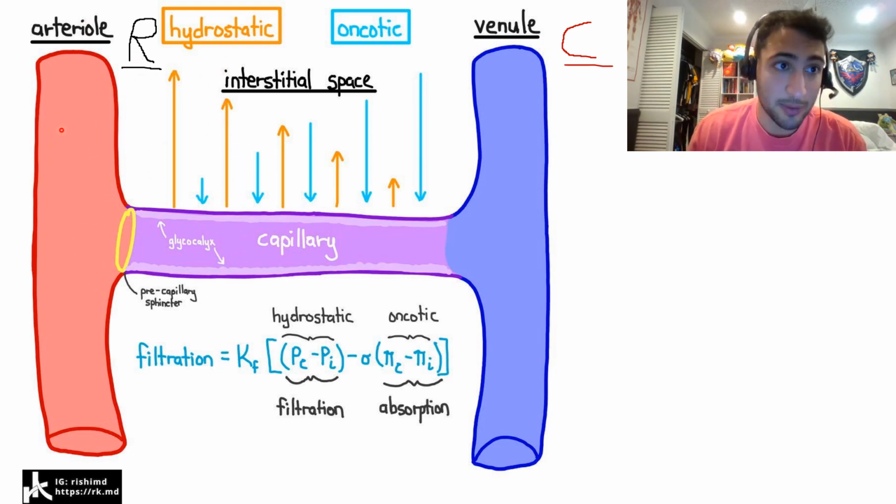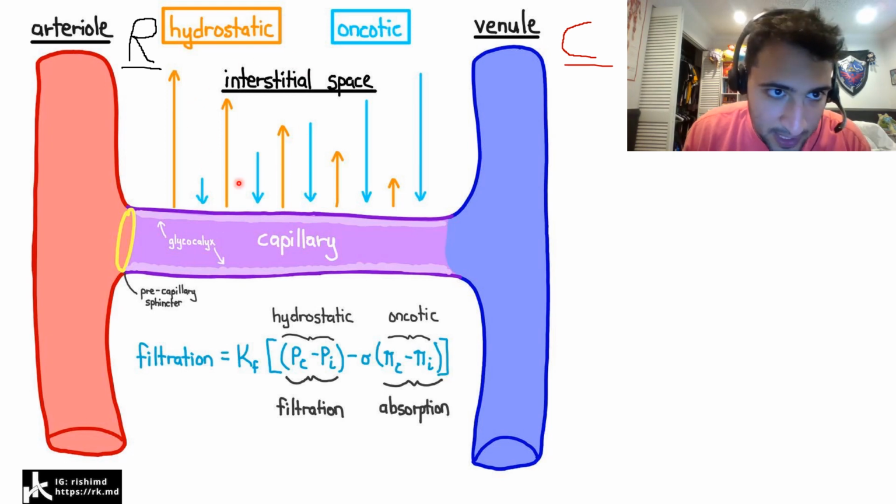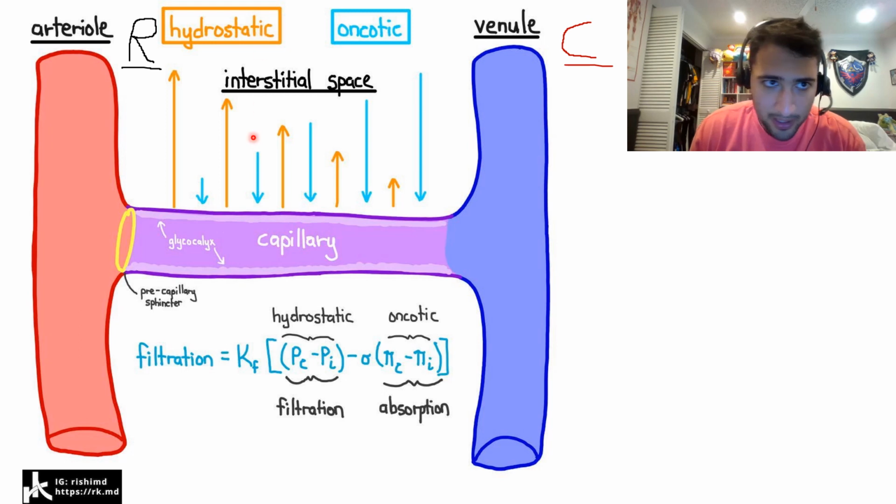The arteriole is a resistance vessel. And we're going to talk about why the fluid doesn't leak out of the arteriole in a second. But in the capillary, that high pressure allows fluid to extravasate into the interstitial space. All right, so the fluid and all the nutrients in that fluid are going to move into the interstitial space. All right, that's hydrostatic fluid.